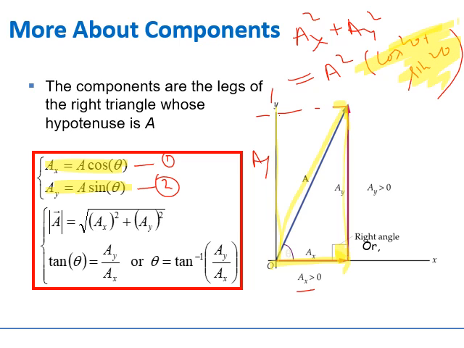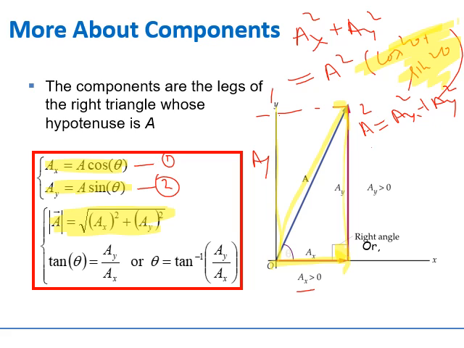So if this equals 1, then a square equals ax square plus ay square. So from this you get the relation that a equals the magnitude, the square root of ax square plus ay square. This is how you get the magnitude for any vector.